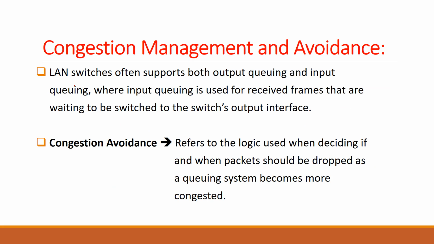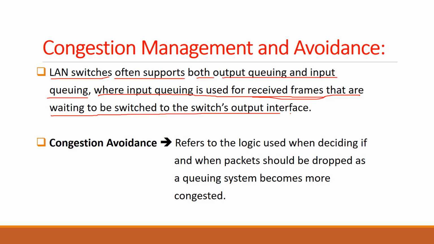LAN switches often support both output queuing and input queuing, where input queuing is used for received frames that are waiting to be switched to the switch's output interface. What does this mean? Routers use only output queuing, but LAN switches support both output queuing and input queuing.